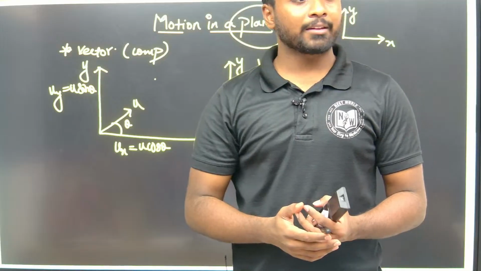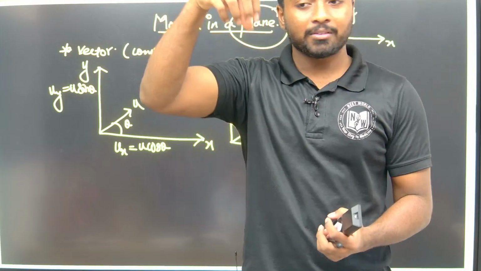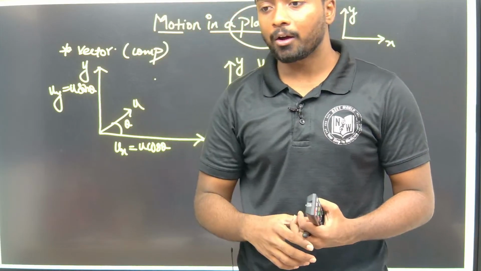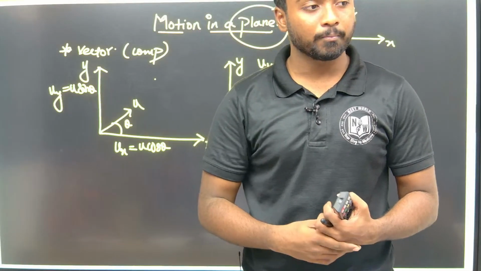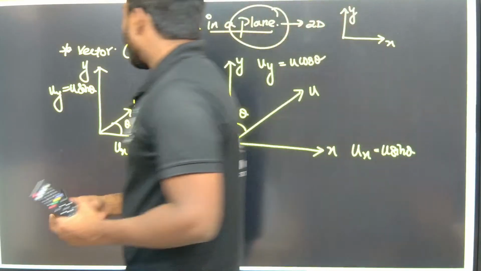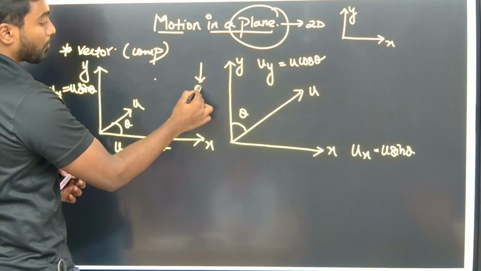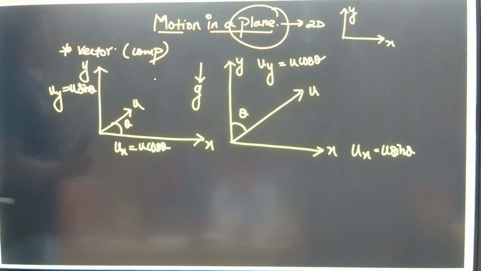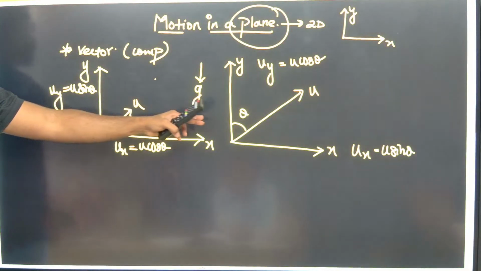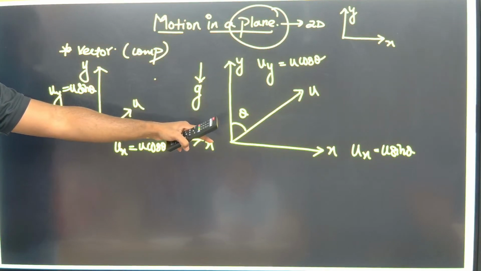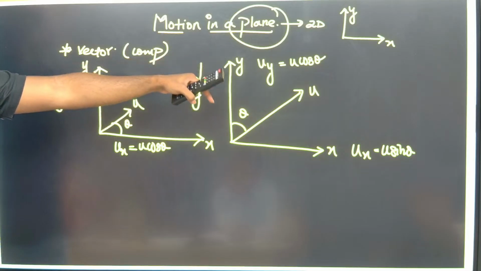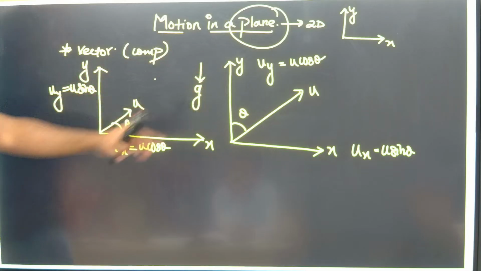So what is acting there? Gravitational force is acting there to pull the object down. So the acceleration direction will be downward, this is my g, and I am throwing the object against the acceleration. So what acceleration should I consider? Minus g.